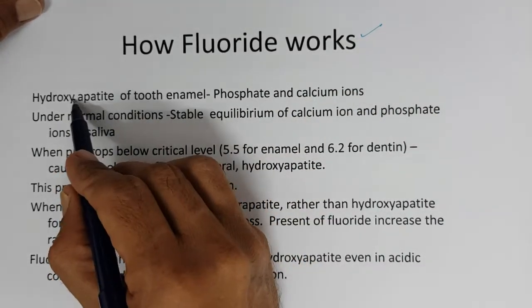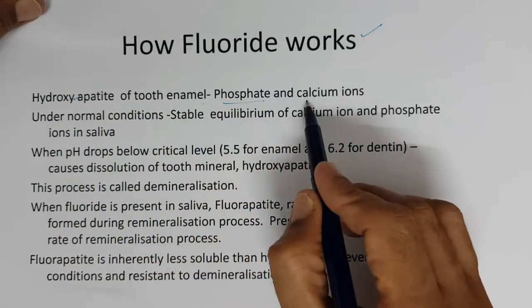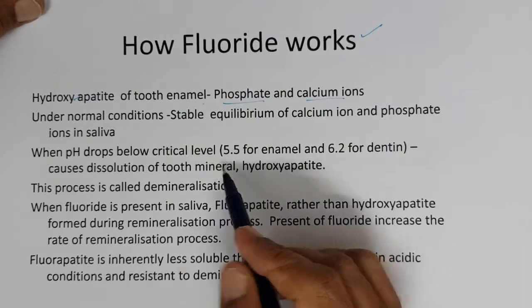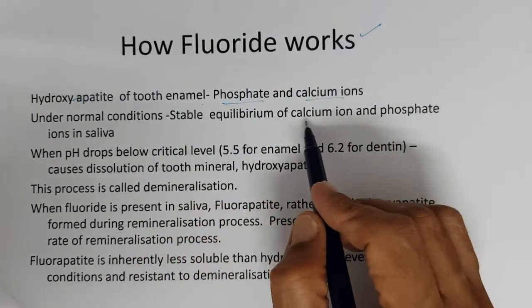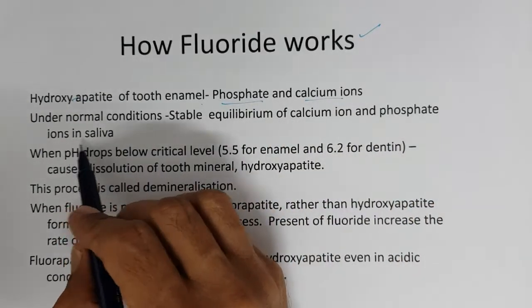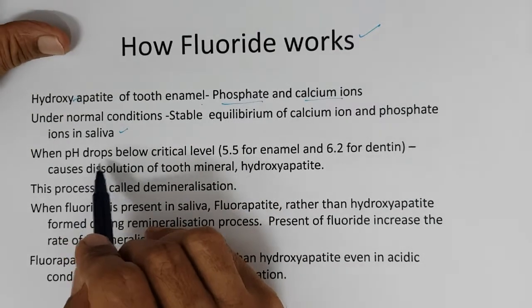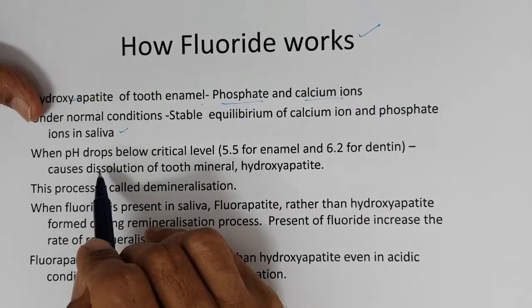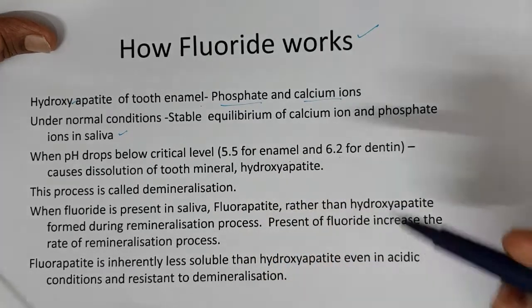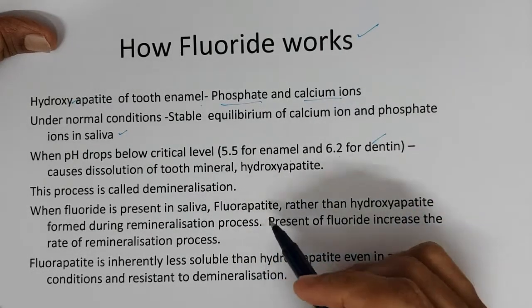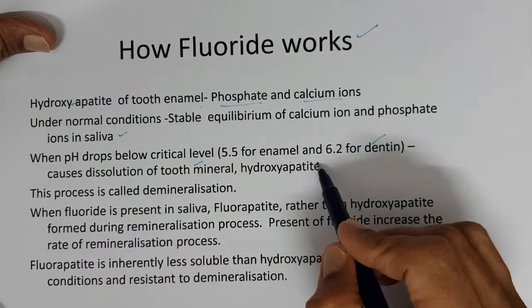We saw that the hydroxyapatite of tooth enamel contains phosphate and calcium ions. Under normal conditions, a stable equilibrium of calcium ions and phosphate ions is present in saliva. When the pH of saliva becomes acidic, 5.5 for enamel and 6.2 for dentin, it causes dissolution of the tooth mineral, hydroxyapatite.